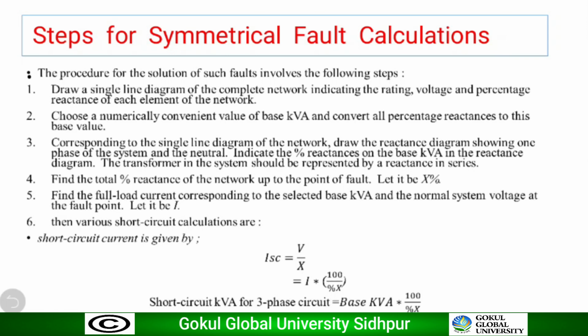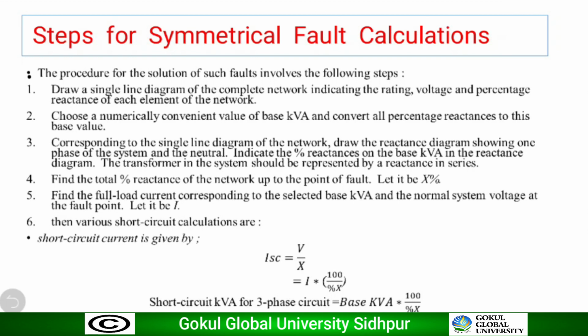Fourth step is to find the total percentage reactance of the network up to the point of fault. Let it be represented by X percent. Fifth step is to find the full load current corresponding to the selected base kVA and the normal system voltage at the fault point.